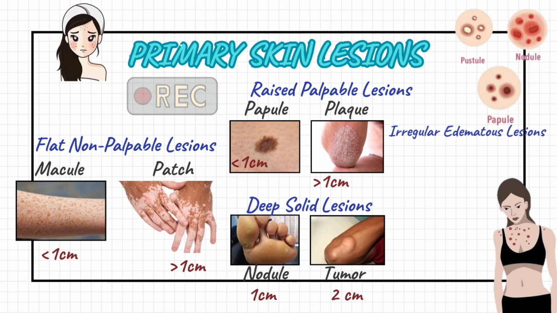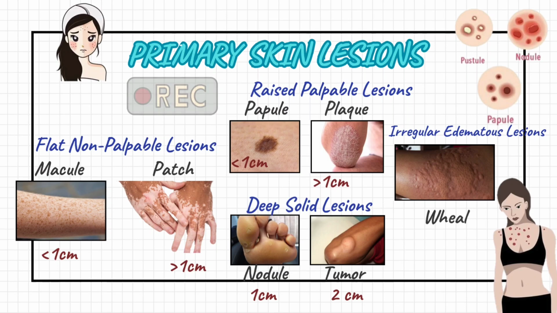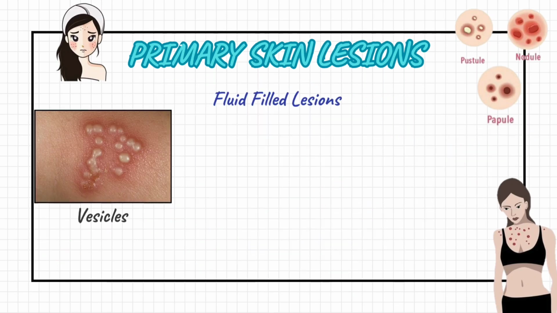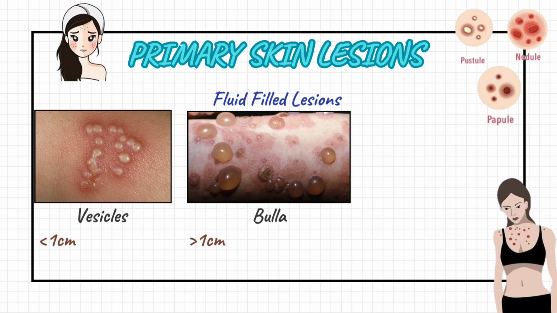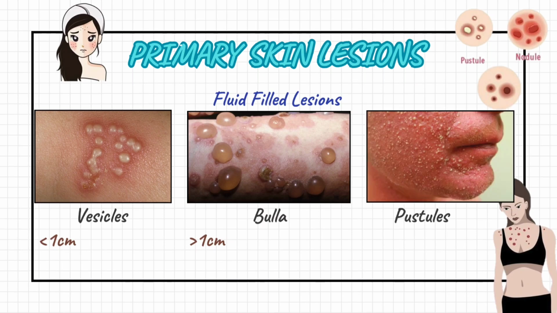Irregular edematous lesions. Wheal. Fluid-filled lesions. Vesicle, less than 1 centimeter. Bulla, greater than 1 centimeter. Pustule, filled with pus. Once you get comfortable with these basic categories, you will find it much easier to recognize them in practice. And that confidence will make your clinical documentation clear and professional.